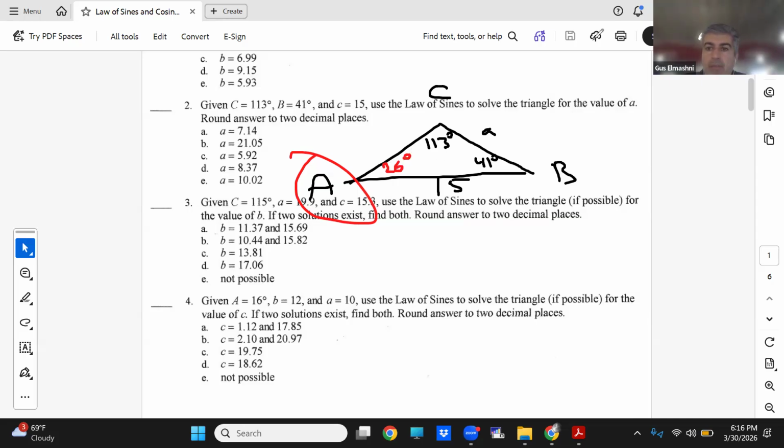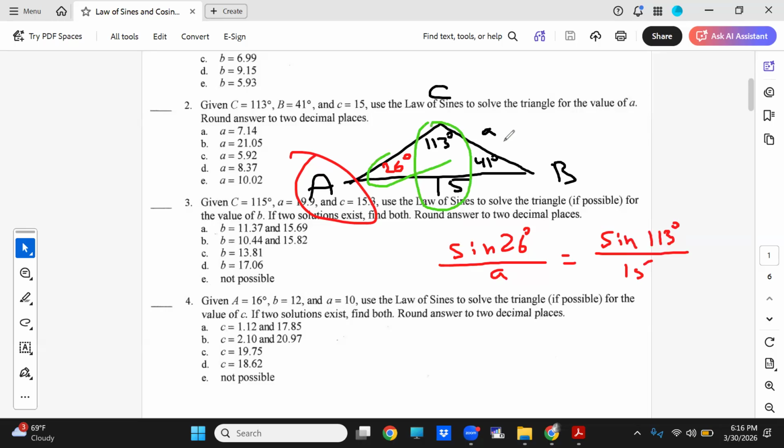So now the sine of 26 degrees over A. See how I set that up? Yeah. Because that's one pair and that's another pair. And then you just use your calculator to work it out.